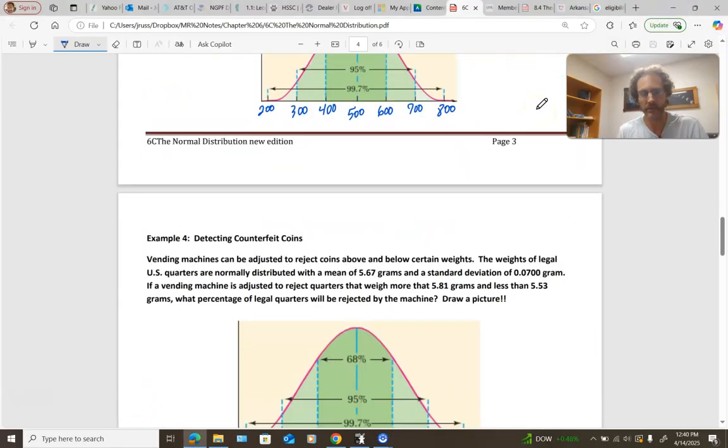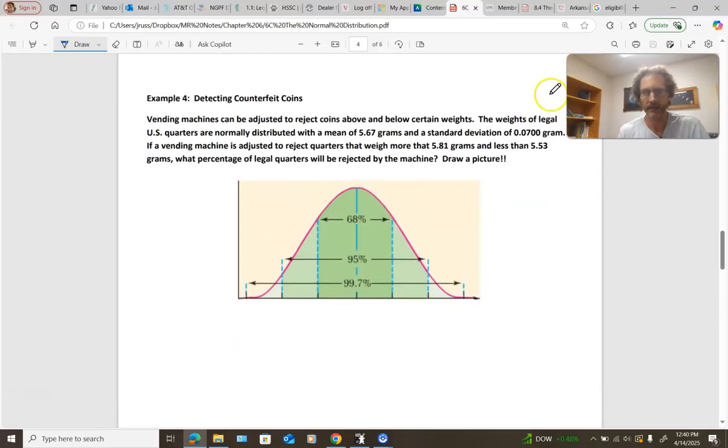So now we're going to look at some more practical examples. Example 4 says detecting counterfeit coins. This is an interesting example. It says vending machines can be adjusted to reject coins above or below certain weights, and the weights of legal U.S. quarters are normally distributed.